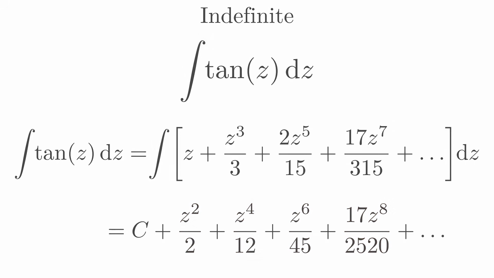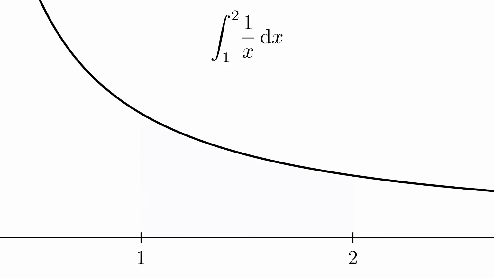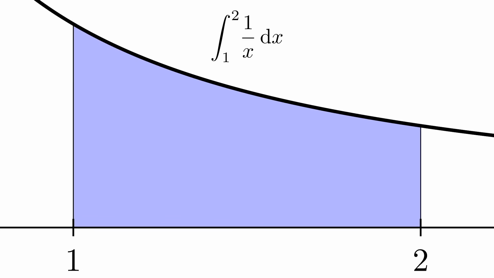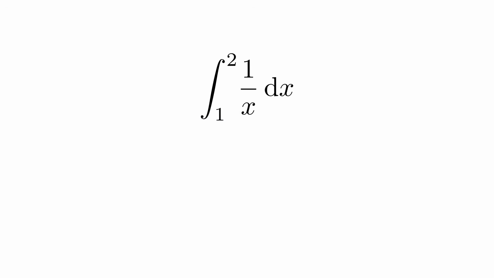To understand what happens with definite integrals, let's start with this familiar-looking one, the integral from 1 to 2 of 1 over x dx, which represents the area under the graph of y equals 1 over x between 1 and 2. At first, we might expect that we can make sense of this if we complexify it by changing the x's to z's and replacing the limits with complex numbers, like, say, 1 and i.